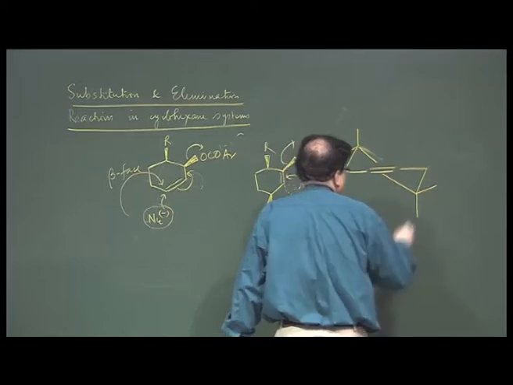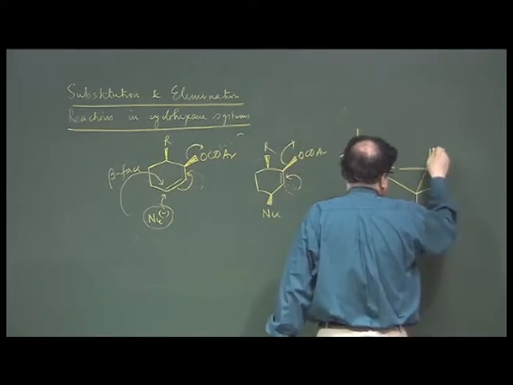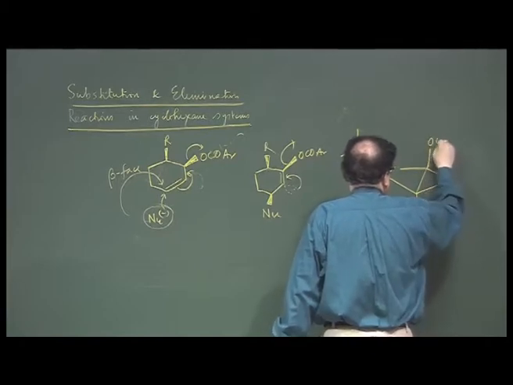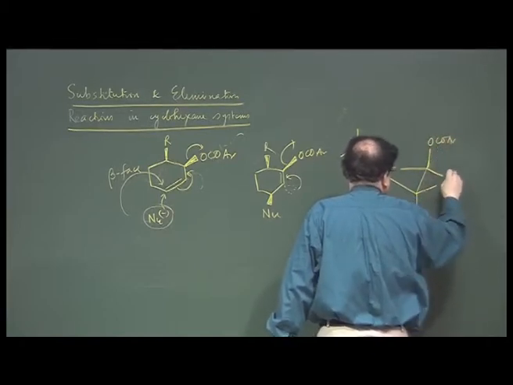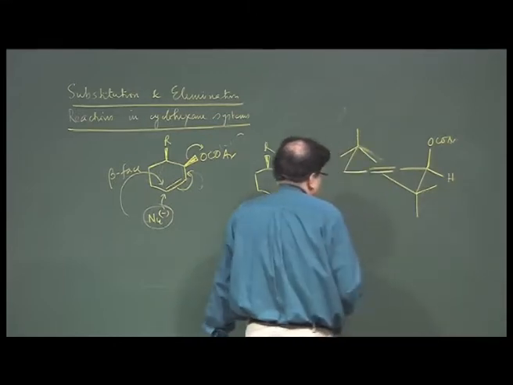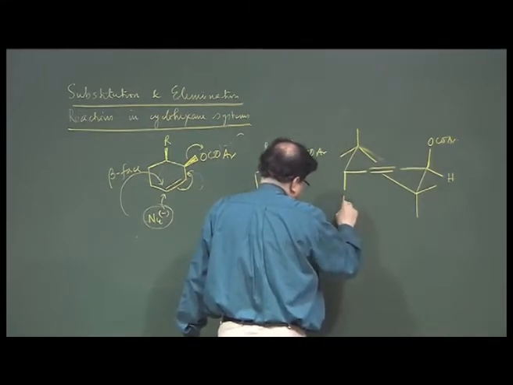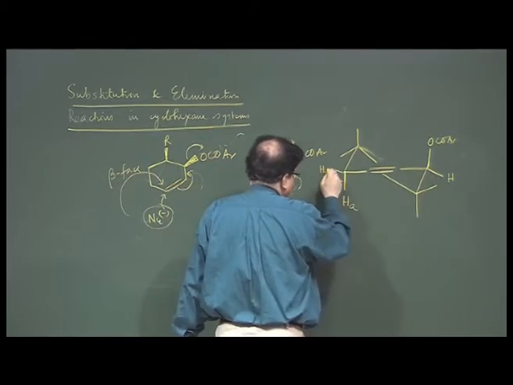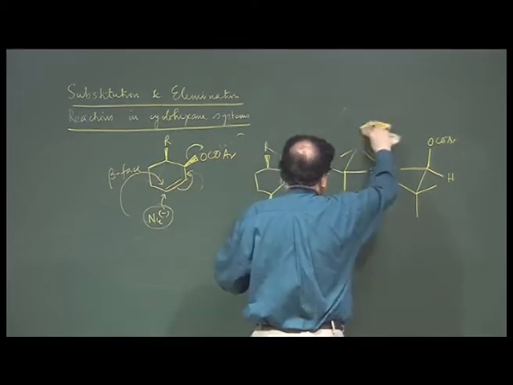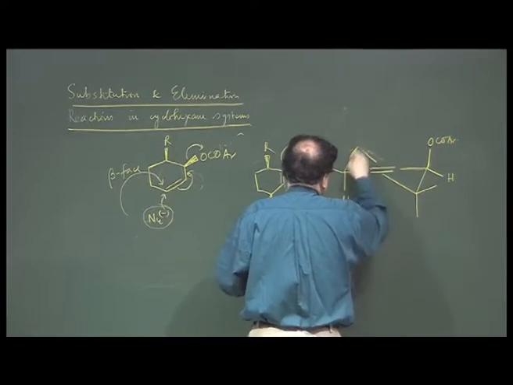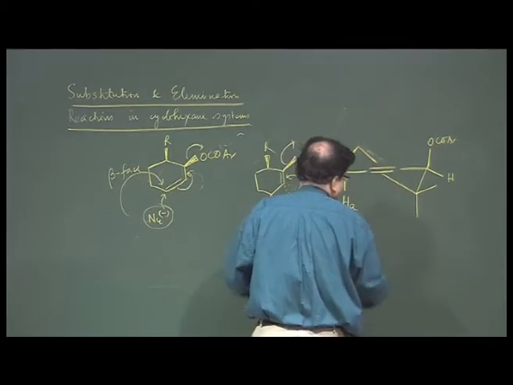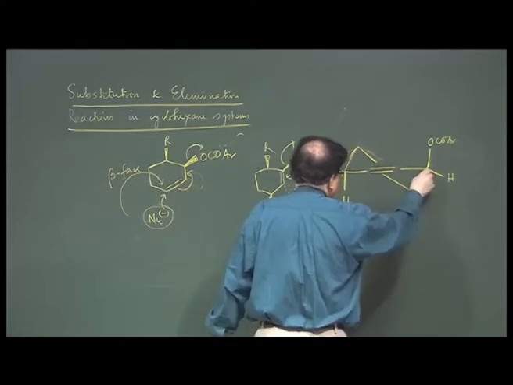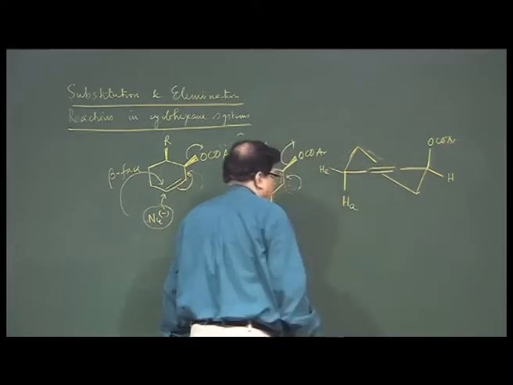So here the group will be up, and this will be pseudoaxial OCOAr, and this will be hydrogen, and here there will be the pseudoaxial hydrogen, and here this will be pseudoequatorial hydrogen. Now, let us drop these two bonds just to make it less complicated, because we are only concerned about this carbon, that carbon, and these two olefinic carbons.